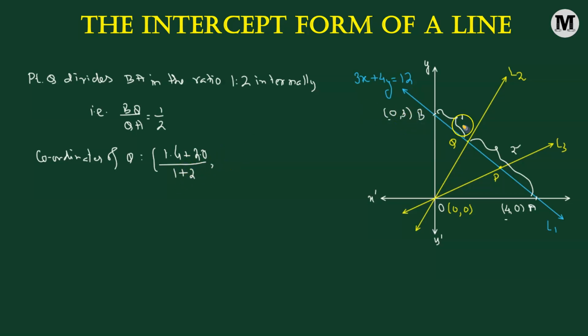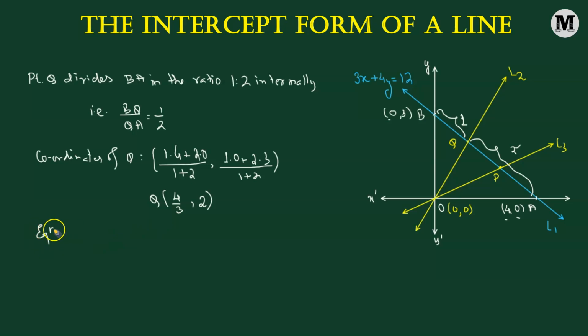Then the y coordinate: 1 times the y coordinate of A, that's 0, added to 2 times 3, whole divided by 1 plus 2. So this gives us 4/3, and 2 times 3 is 6, and 6 divided by 3 is simply 2. So this is the coordinate of point Q.